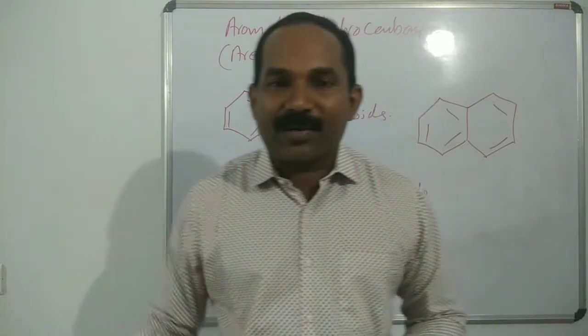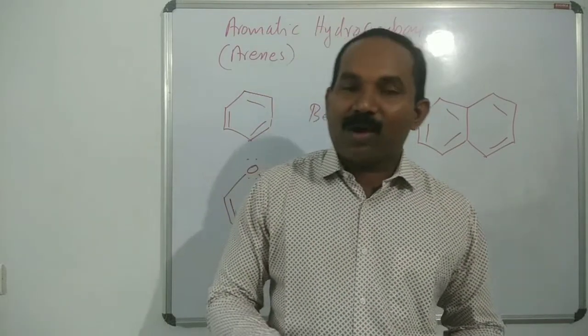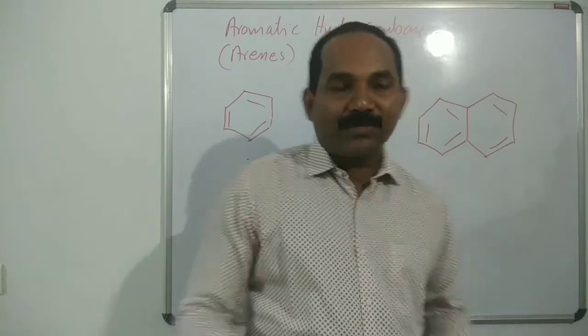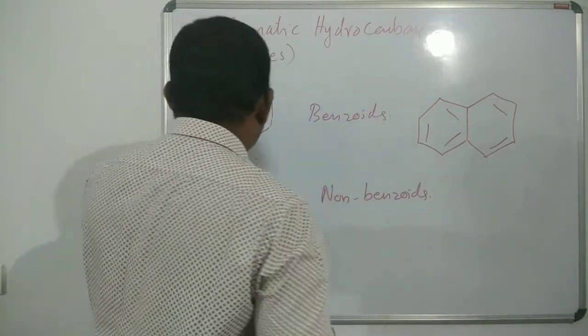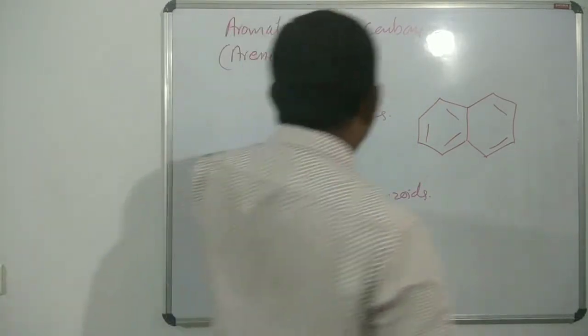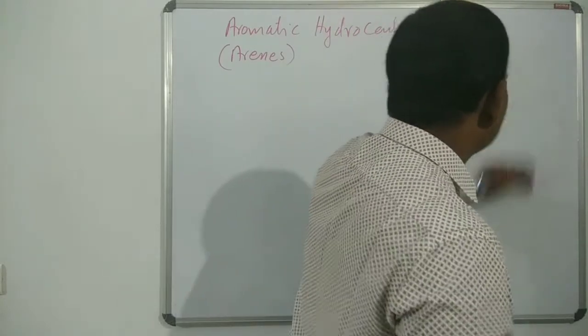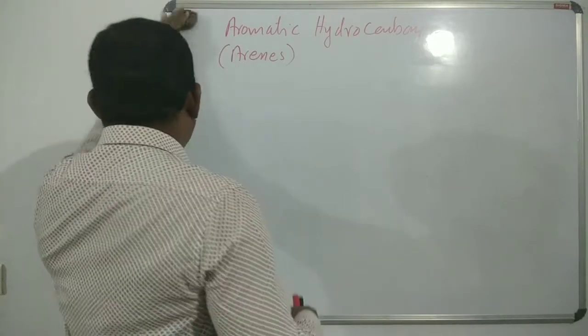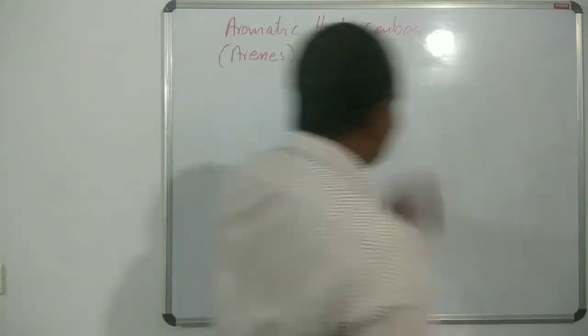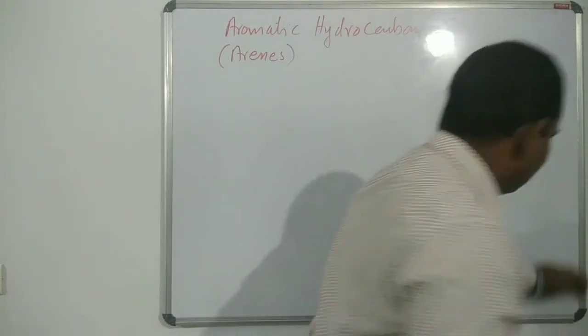Let's discuss some benzoids, their nomenclature, isomerism, etc. Benzene and its derivatives are benzoids; the compounds that do not contain a benzene ring are called non-benzoids.